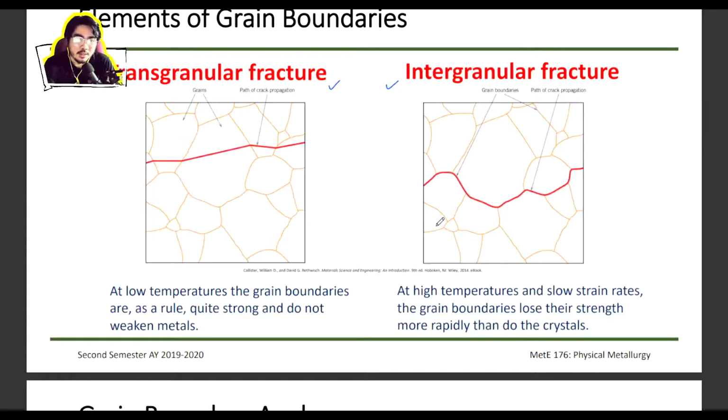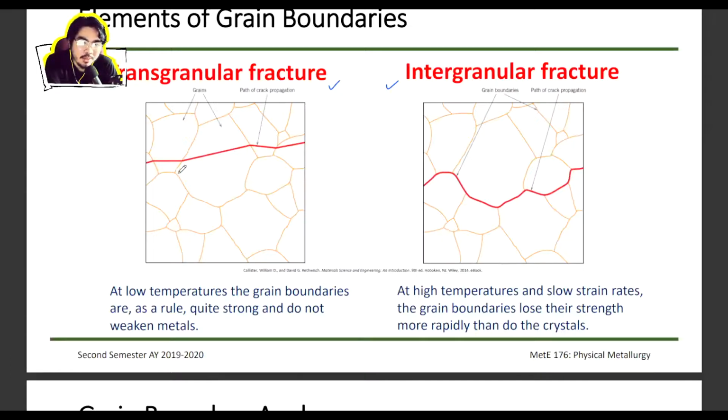So in transgranular fracture, this occurs usually at low temperatures, and as a rule of thumb, grain boundaries are quite strong, no, as compared to the host metal, and that's why yung common na strengthening mechanism natin is to produce fine grain structure kasi we know that grain boundaries are stronger than the actual grains.